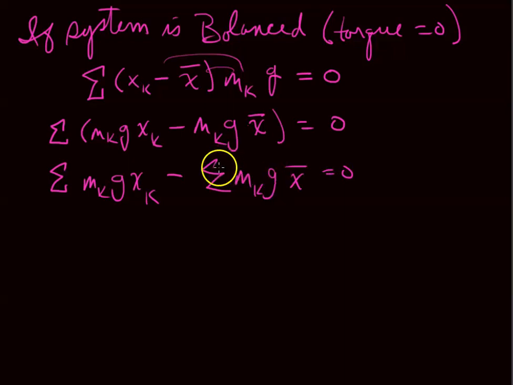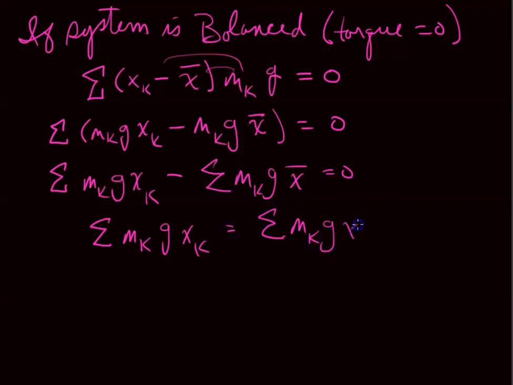Now if we then add this negative summation to both sides, summation of m sub k g x sub k is equal to the summation m sub k g x bar. But hold it, x bar is a constant, so we can pull that out.